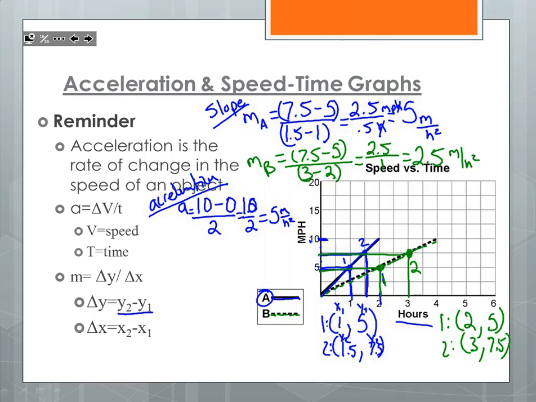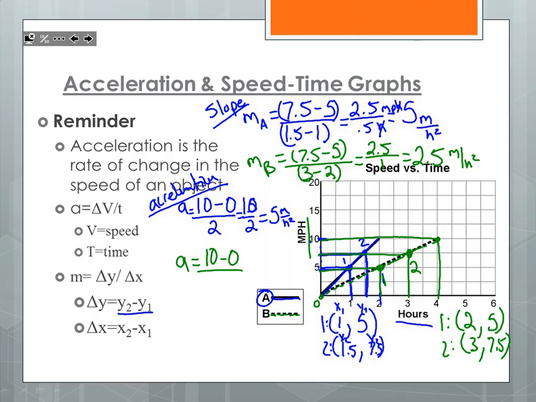Let's do the acceleration, where a equals the change in speed. So it says that my speed, which is on my y-axis, which is my dependent variable, it said that he finished at 10 miles per hour. He started at 0, so 10 minus 0, all over my change in time.